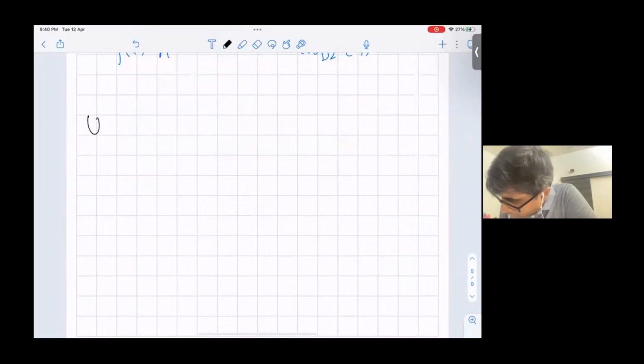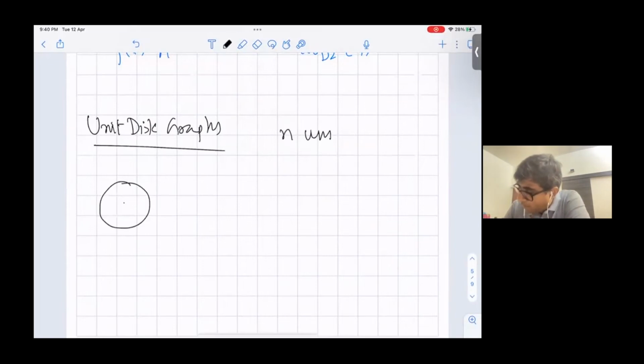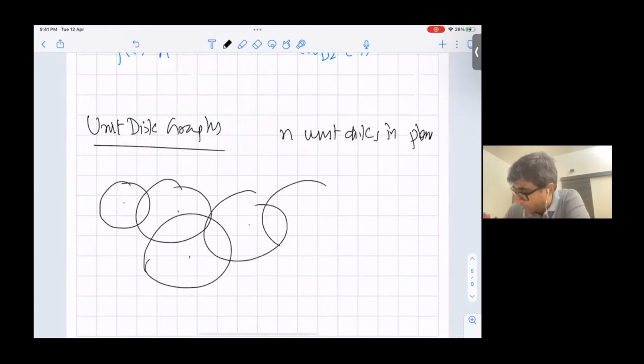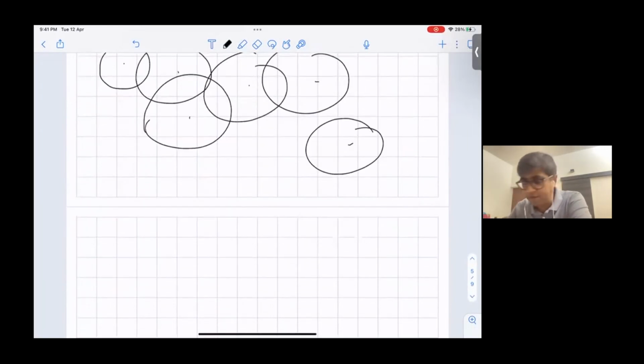You know what is called a unit disk graph? Okay, unit disk graphs. I'm digressing, but it is important to know this. What are unit disk graphs? Basically, there are n unit disks in the plane. Unit disk means of diameter 1 or radius 1, whatever you fix. And how do I define a graph given these disks?